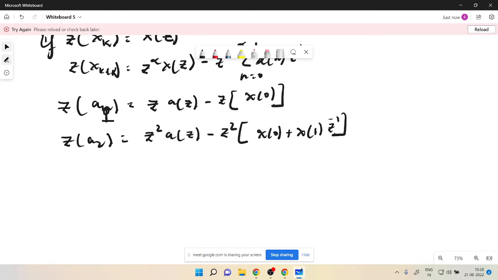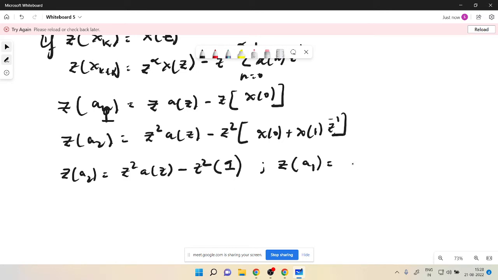Now Z of a2 equals z square A of z minus z square, x of 0 was 1, x of 1 is 0.